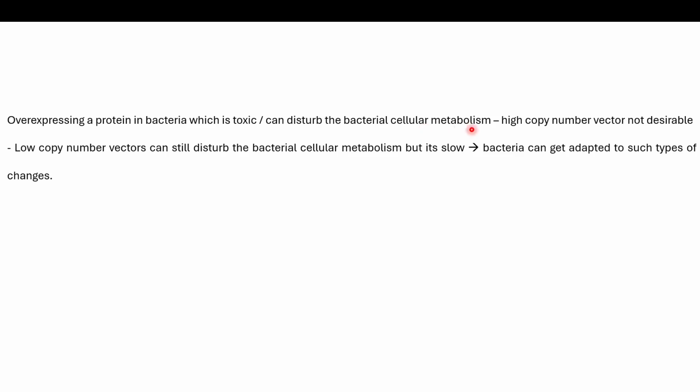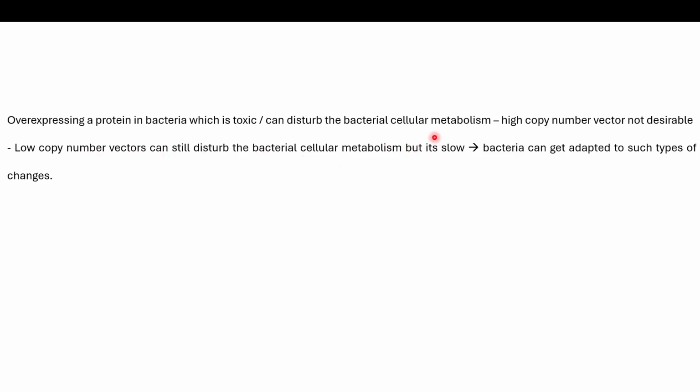Okay. So in such cases, if we are using a high copy number vector, which will have a lot of vector DNA inside the bacterial cell, because it will produce multiple copies of itself in a short period of time, and the protein being overexpressed is toxic to the bacteria or is disturbing the cellular metabolism of bacteria, then high copy number is not at all desirable.